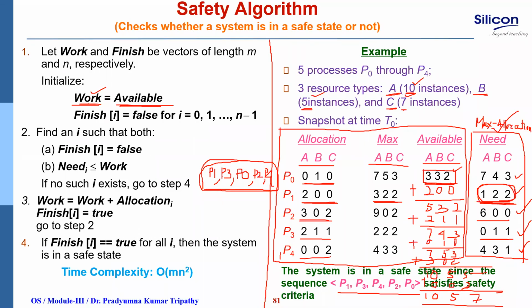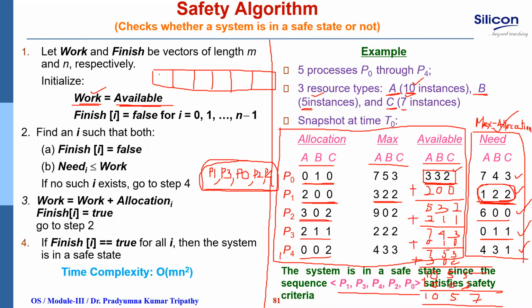So now I'll see whether all can be satisfied or not. Initially, all are false. That means I'll have a matrix like this for P0, P1, P2, P3, P4.